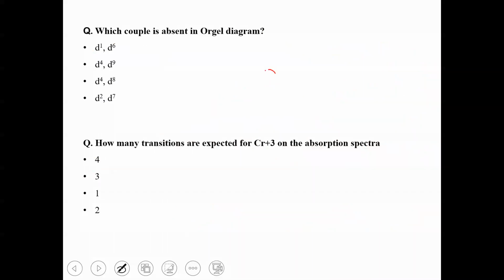So basically, there is a formula for the Orgel diagram. If you have dn and d(n+5), you will get the same spectra. Or d(10-n) will have the same spectra but in a different environment.